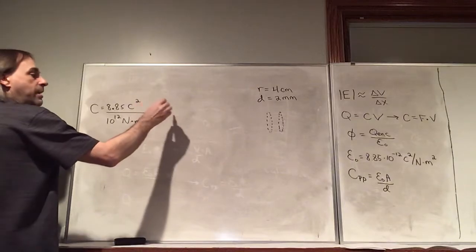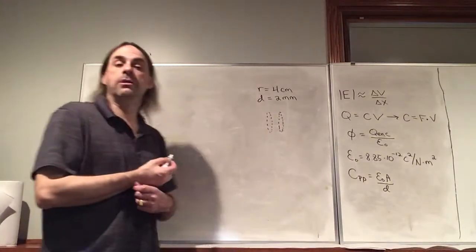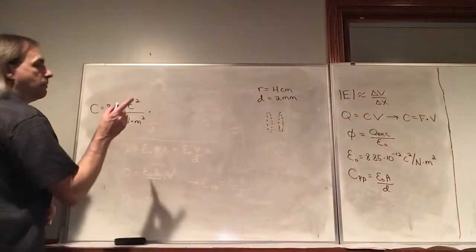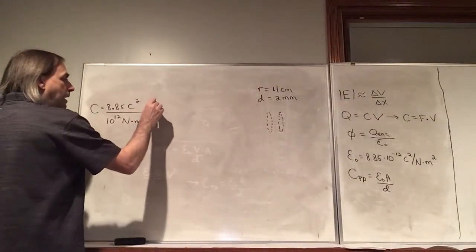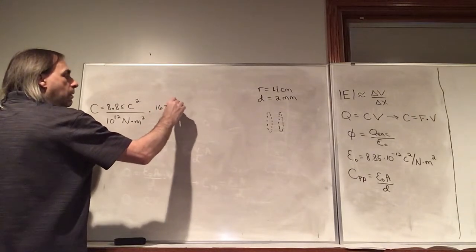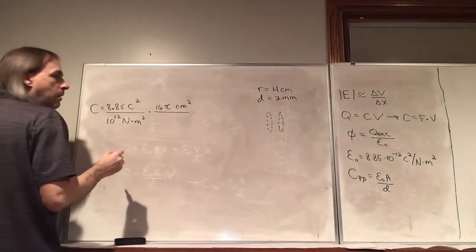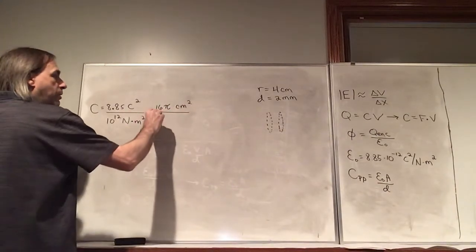Now the area is pi r squared. r is 4 centimeters, so if we square this, we get 16 pi times centimeters squared. Then we divide by d, which is 2 millimeters.